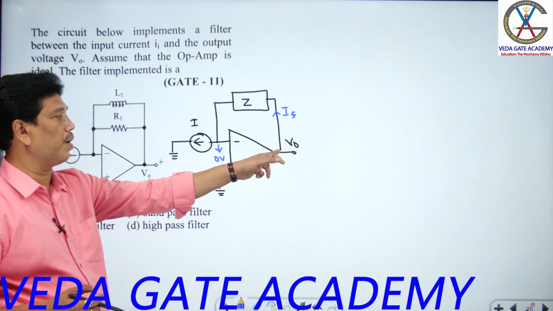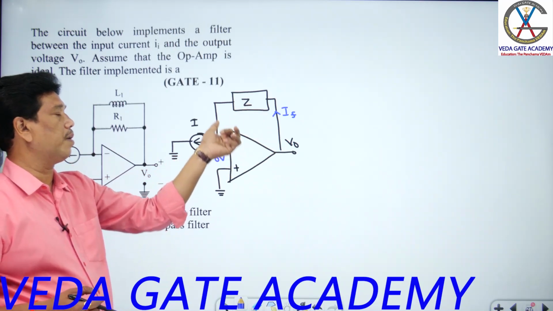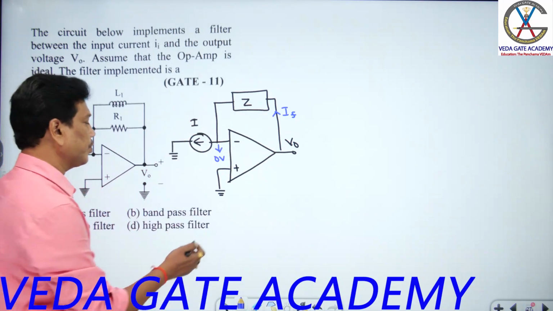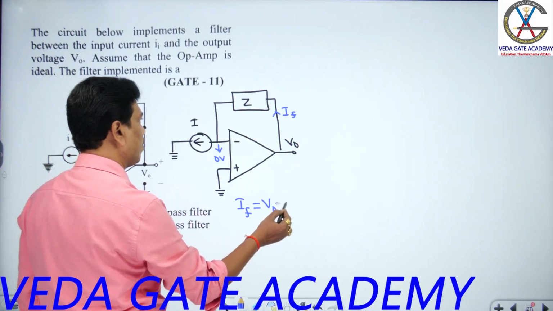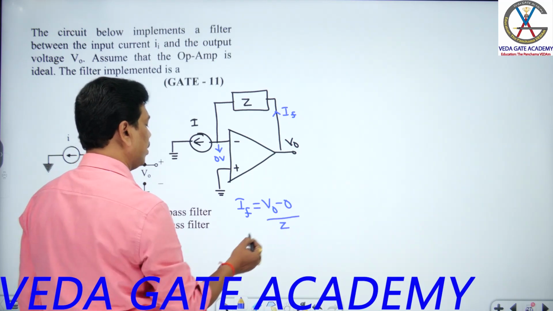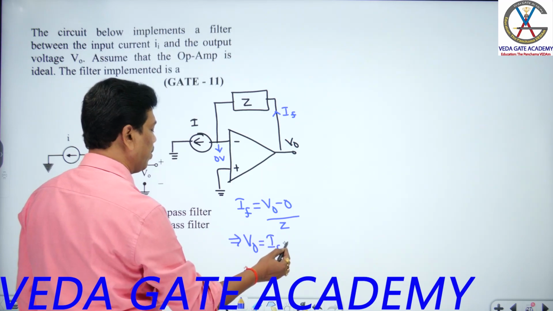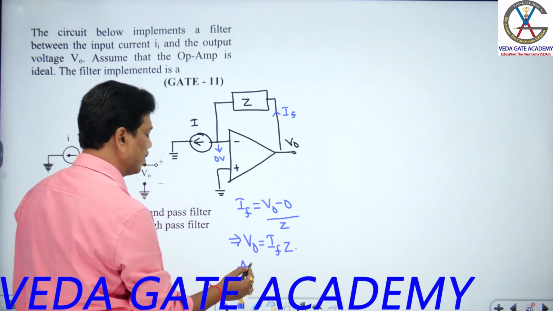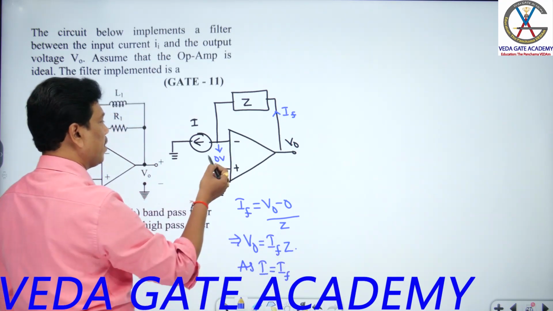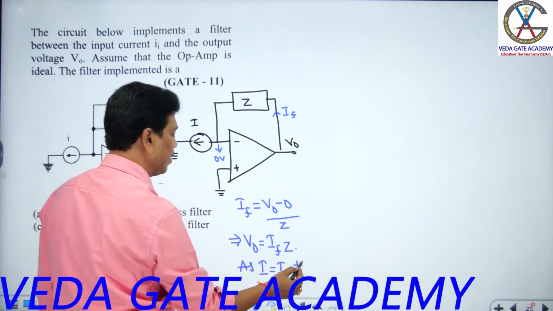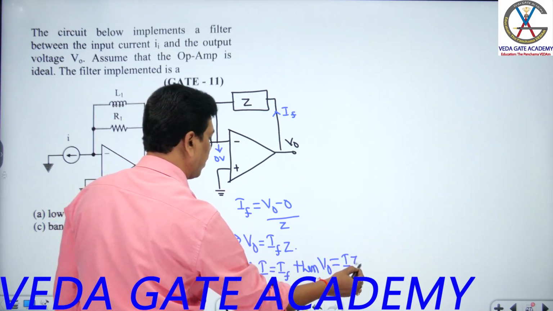V0 here, and this is 0, sir. IF equal to V0 minus 0 by Z. Then V0 equal to IF into Z. As I equals IF, V0 equal to IZ.